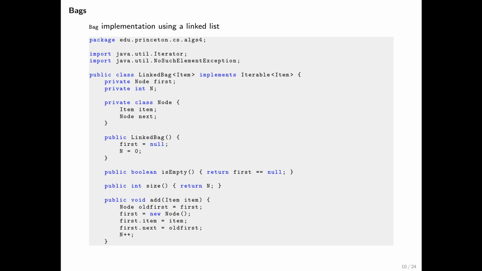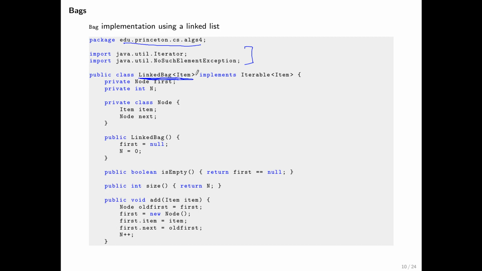So the implementation sits inside of a package, which is this, and then we import a couple of things. Okay, and here is the class declaration. So the name of the class is LinkedBag, and it's going to store generic types.